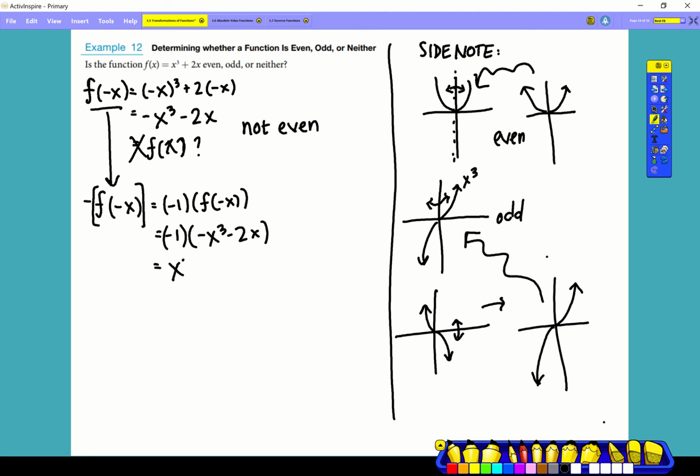So that's going to be x cubed plus 2x. And does that equal our original function f of x, x cubed plus 2x? Yes, it does. So this is odd. One thing I'd like to point out is notice that these variables will come into play later, these powers.